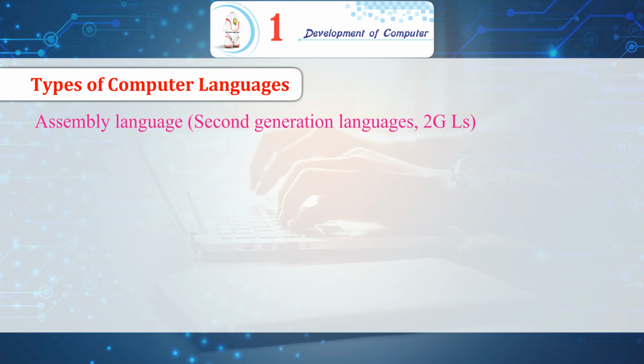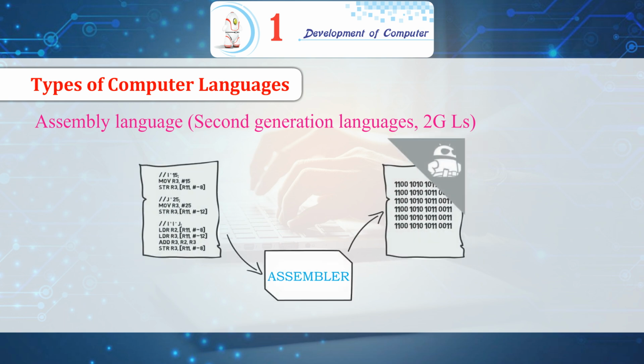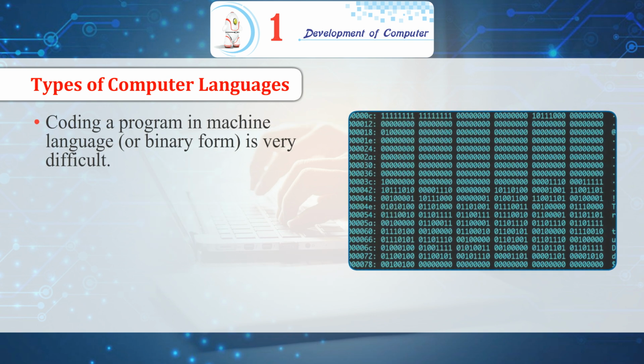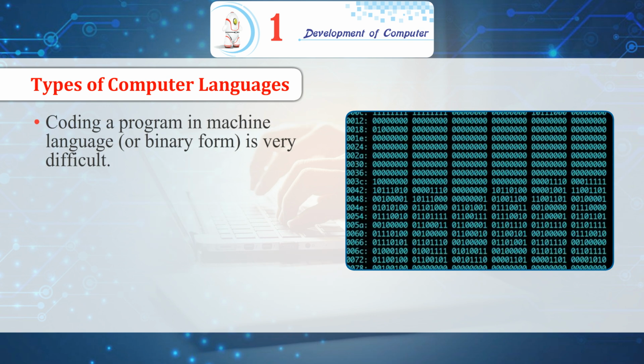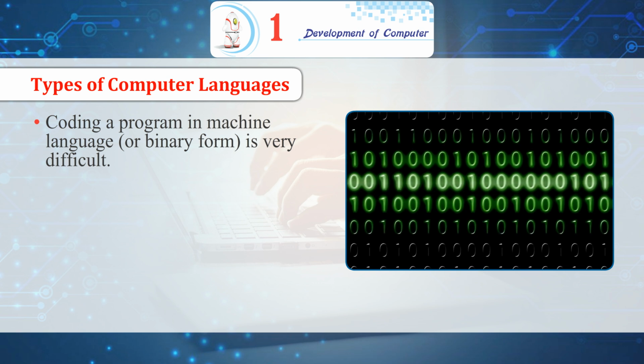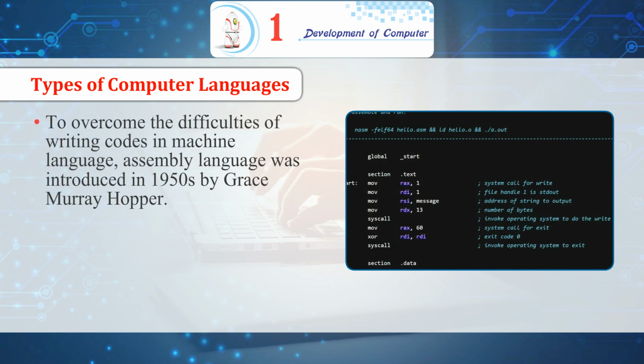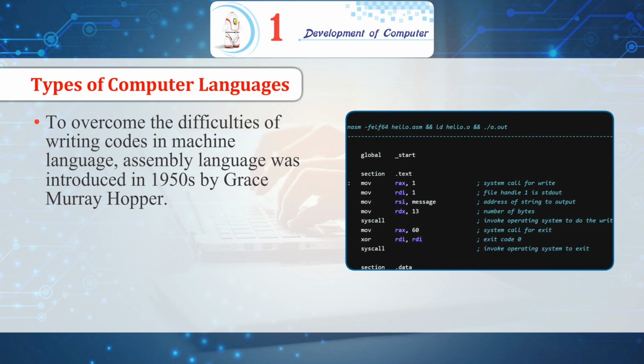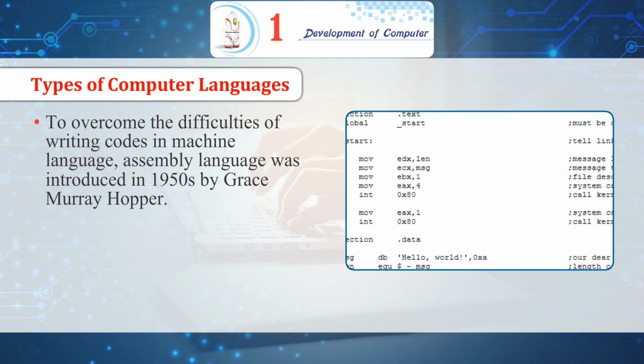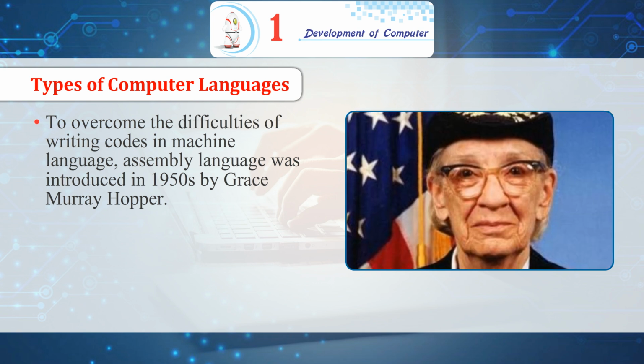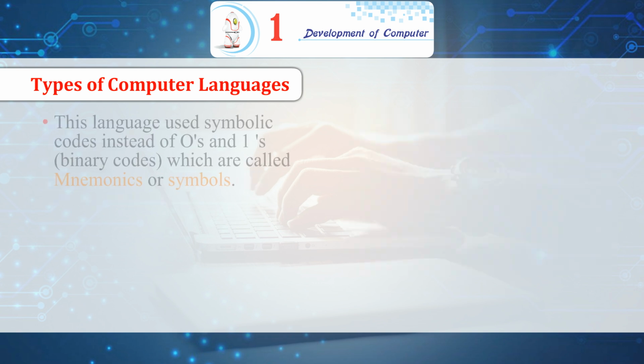Assembly language. Second-generation languages, 2GLs. Assembler, assembly language, machine code. Coding a program in machine language or binary form is very difficult. To overcome the difficulties of writing codes in machine language, assembly language was introduced in 1950s by Grace Murray Hopper.